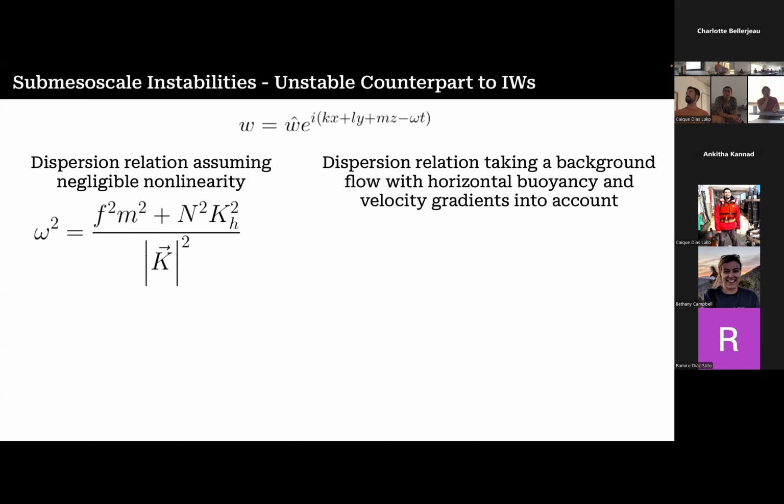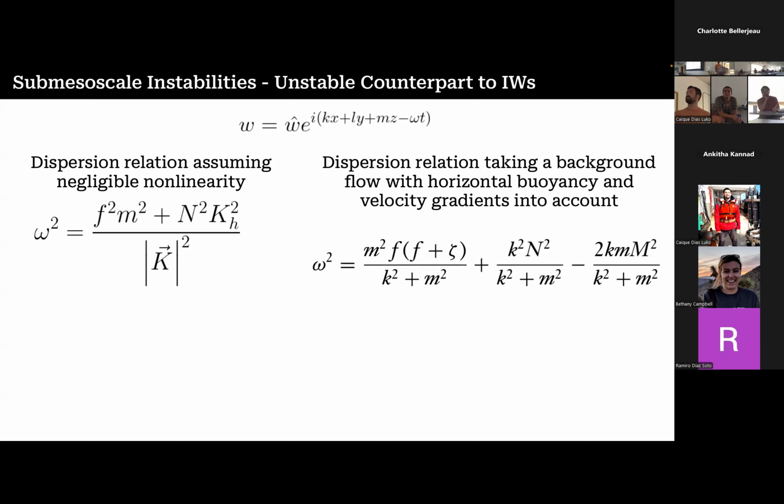Now, this is the dispersion relationship of internal waves if you don't have a background flow, but Hoskins 1974 derived the dispersion relationship if you have a background flow which has vorticity and buoyancy gradients, and this is that dispersion relationship. Suddenly we have all these different terms, one depending on the vorticity, one depending on the lateral buoyancy gradient. M squared is just the absolute horizontal buoyancy gradient.